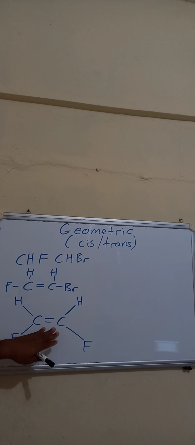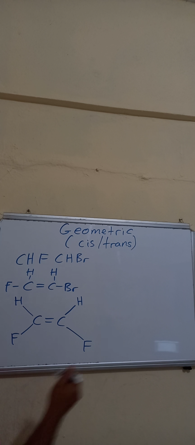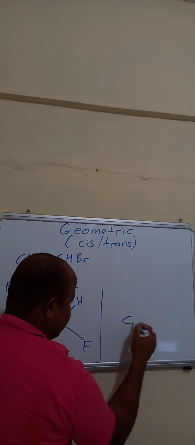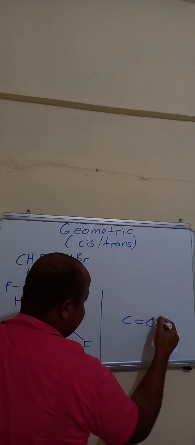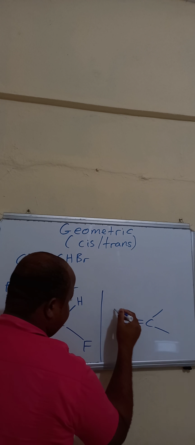So this is one configuration. In the next configuration, we draw the same carbon to carbon double bond with slant lines.